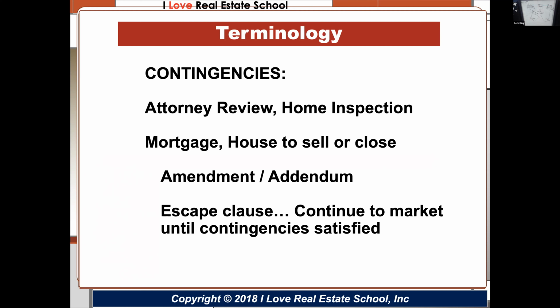You have 72 hours to either remove your contingency, which means that we plan the closing, or to bail on the deal, we will give you your earnest money back. If he does nothing after 72 hours, the contract is null and void. We send you your earnest money back and we can take the other deal. With me?